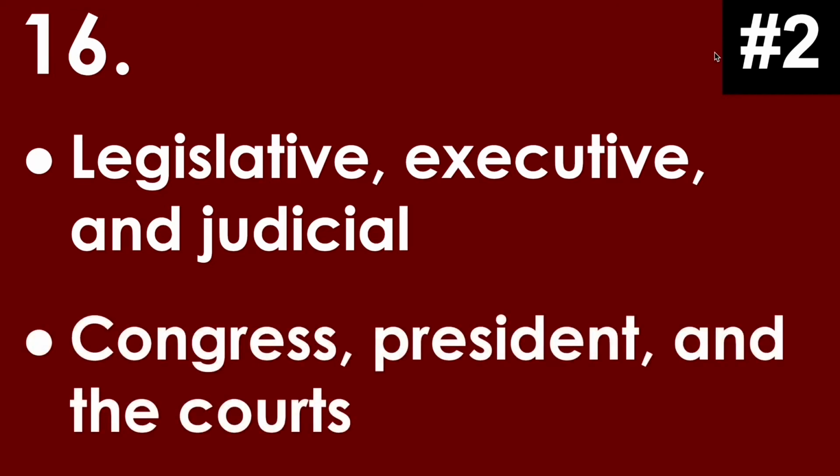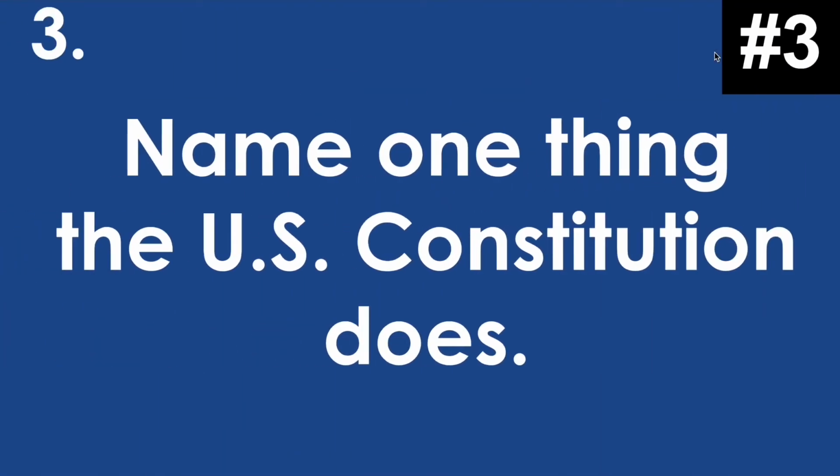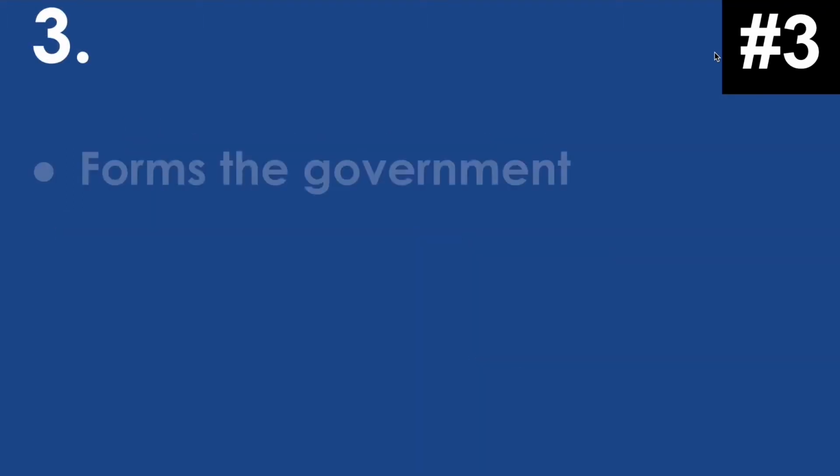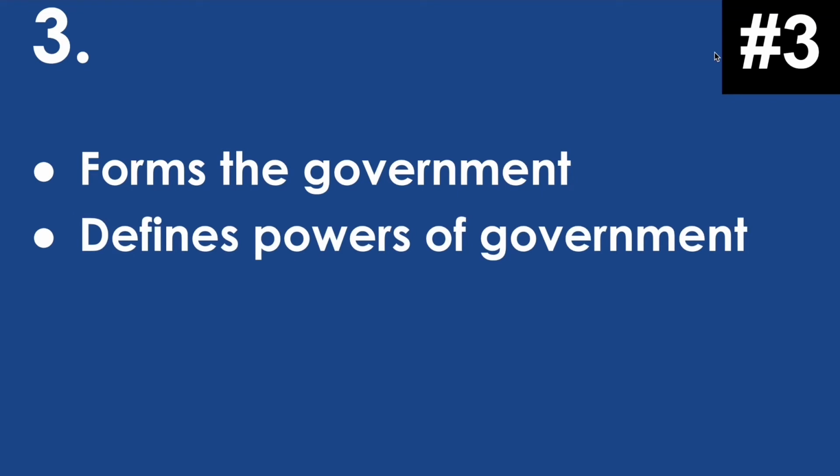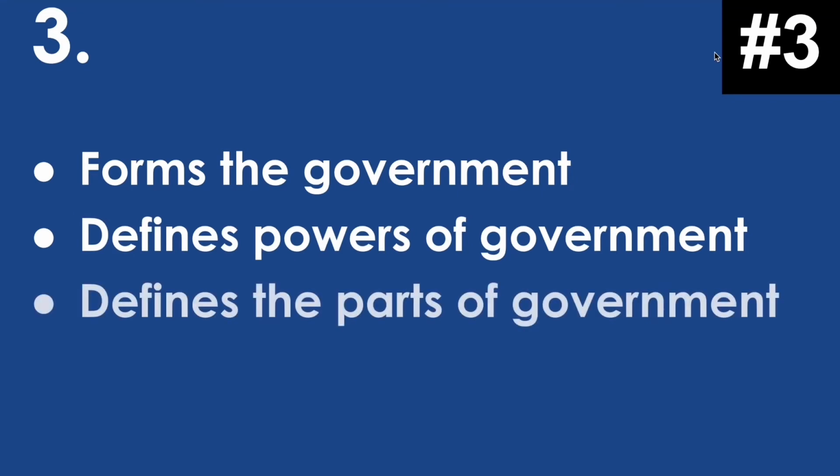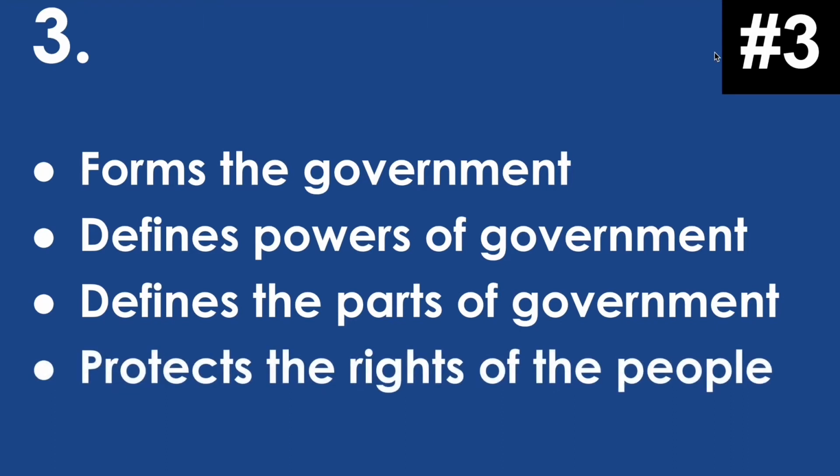Congress, President, and the courts. Name one thing the U.S. Constitution does. Forms the government, defines powers of government, defines the parts of government, protects the rights of the people.